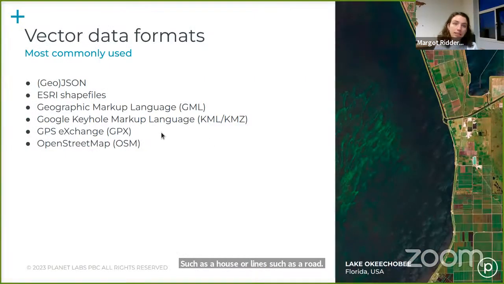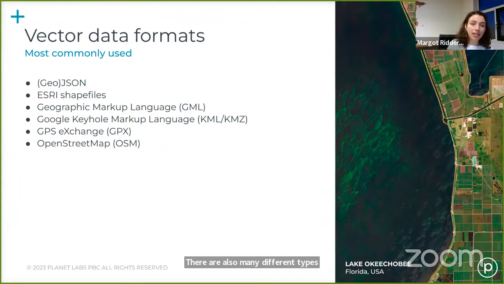There are also many different types of vector data formats. Maybe you recognize the GPS exchange format, which is often used with hiking apps if you like being outdoors. But today we will work with GeoJSON, because it's a very easily accessible and often used file.